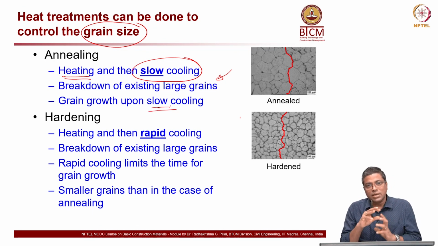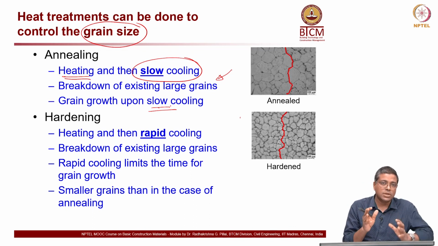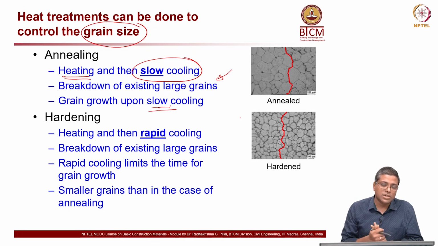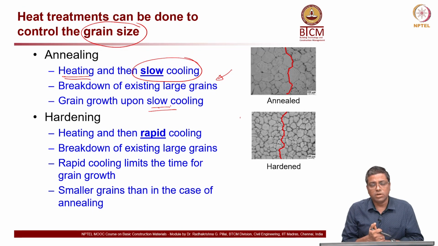So you are basically rearranging, and this happens not in a molten stage, this happens after the material solidifies. So you rearrange the grains to a desired level of grain size.